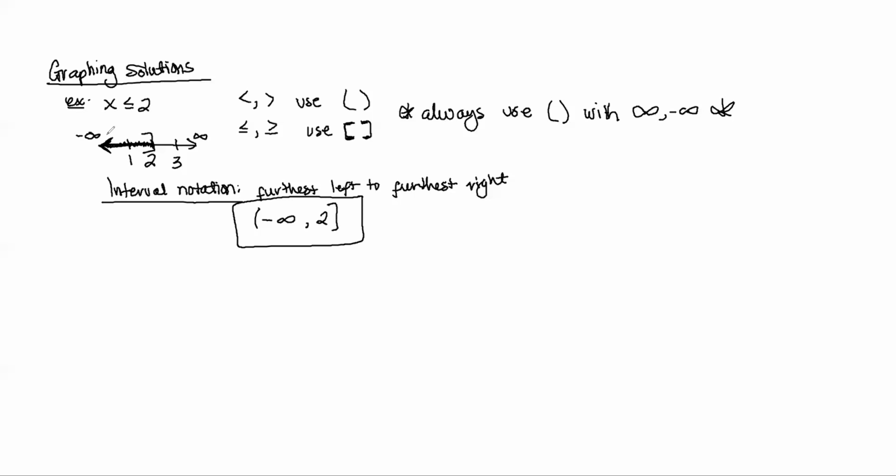All right, so now let's go ahead and try some examples. And these first ones, we're just going to be graphing and writing the interval notation. So I would recommend pausing, trying to graph them. Once you check your graph, go ahead and pause again, write the interval notation, and double check that.